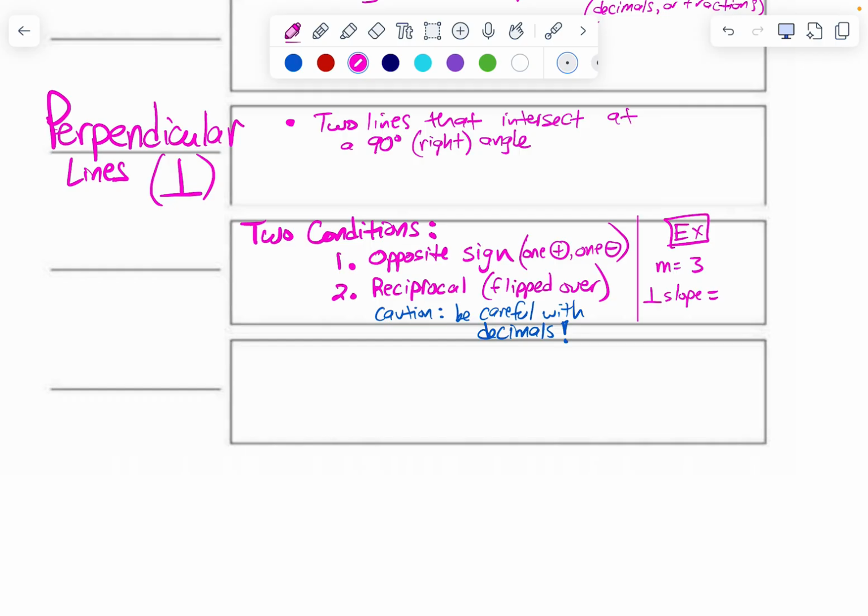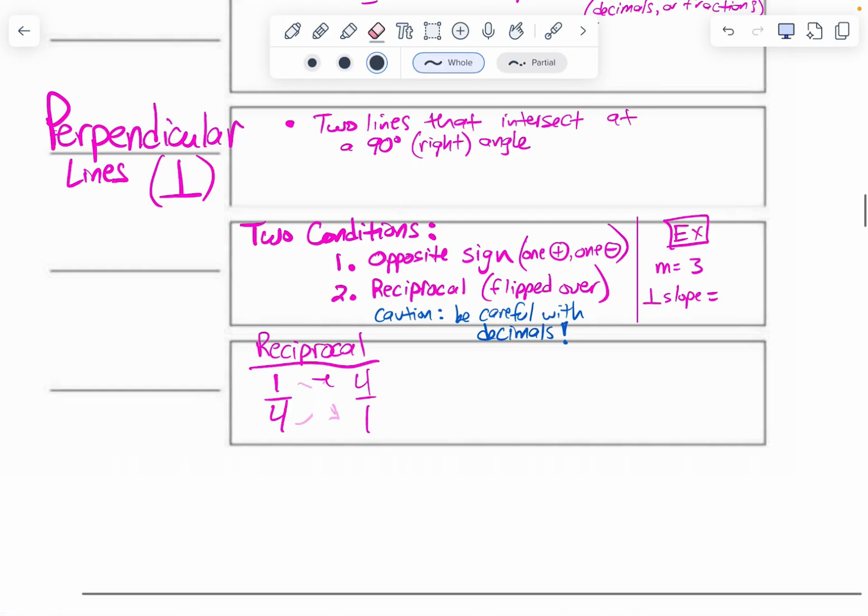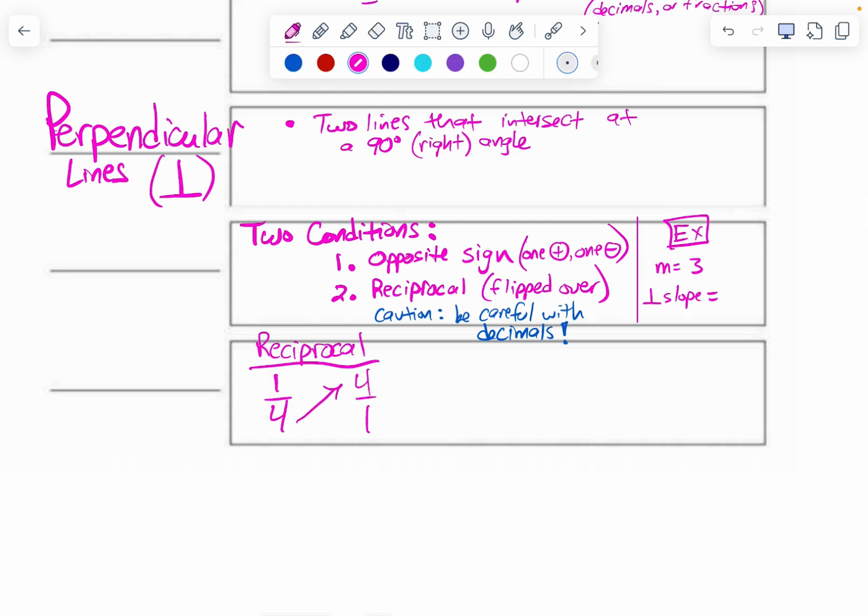Here, let's try an easy one. What's the reciprocal of 1/4? Like flip, and so it's 4/1, right? Oh, I get it now. So put that on your paper so that you know what a reciprocal is. I'm going to draw my arrows a little bit better, but you just trade places with stuff.